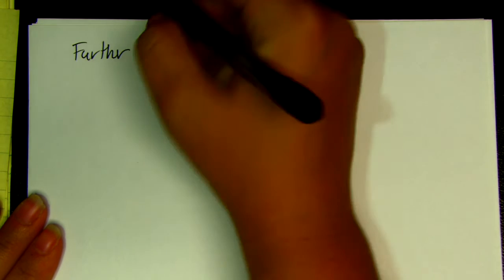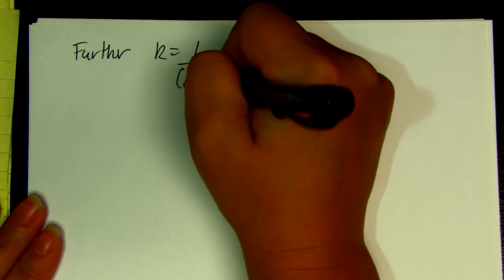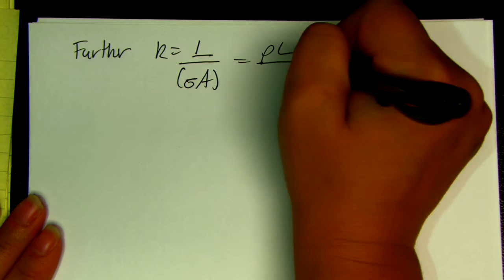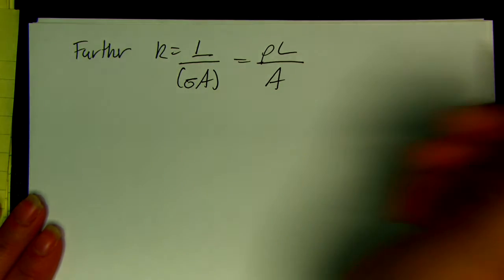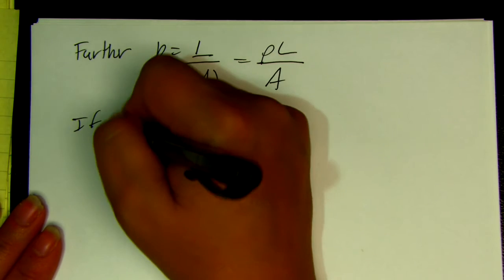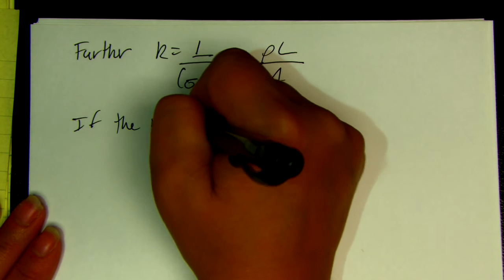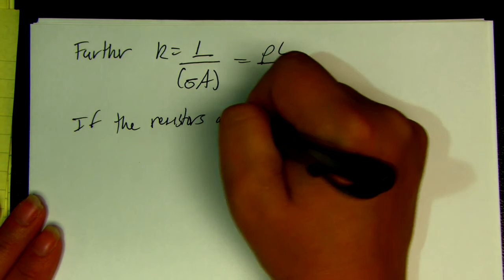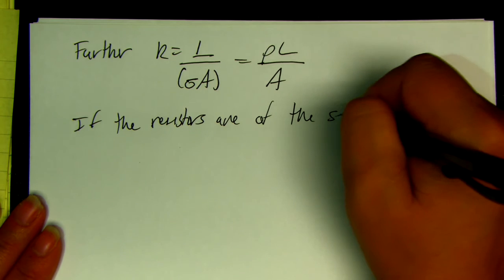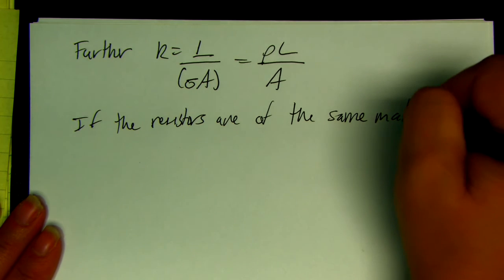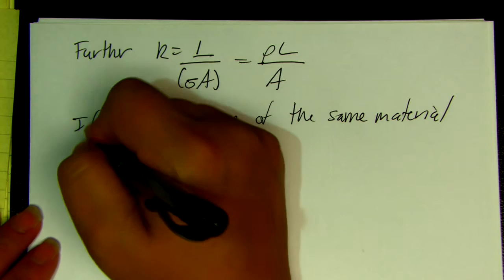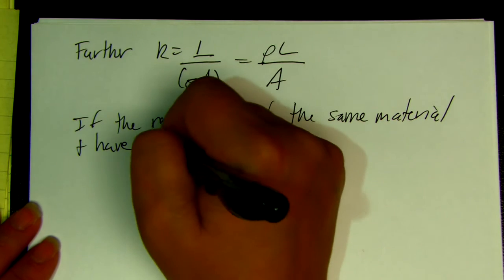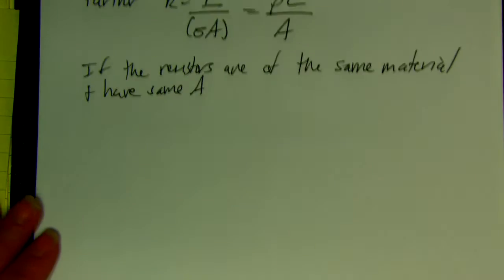Further, R is equal to L over sigma A, which is also rho over A. So if the resistors are of the same material, it's not always the case, but sometimes, and have the same A, then you can look at length equivalent.